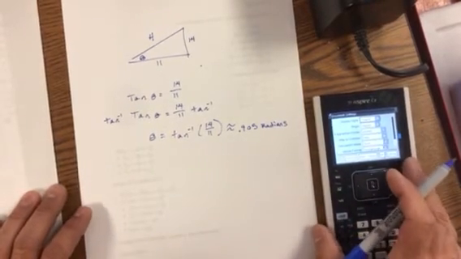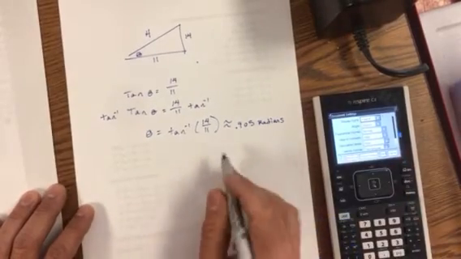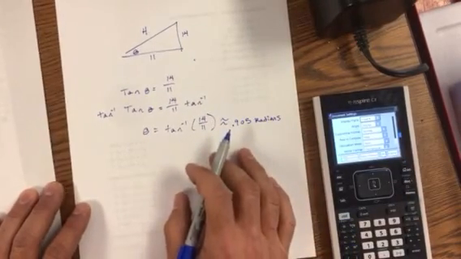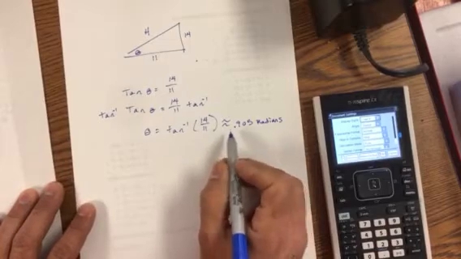I don't know why. I'm having trouble changing it. So I'm just going to ignore it for now. I will show you guys how to do it in class. So that's the angle in radians.